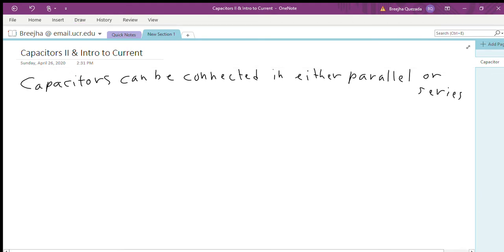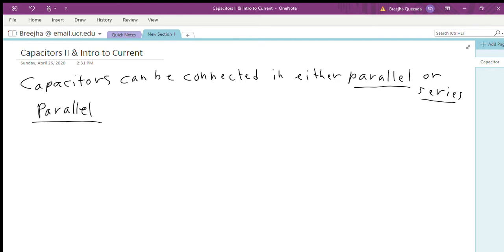Capacitors can be connected in either parallel or series with each other. A parallel circuit would look like capacitors connected one after the other where they are facing parallel with each other.